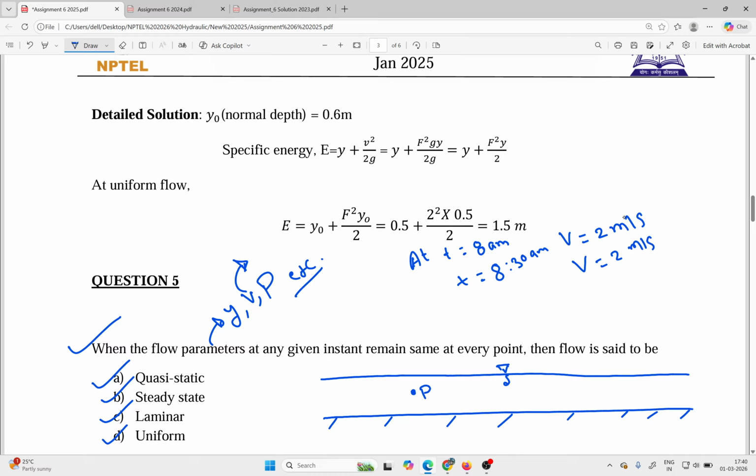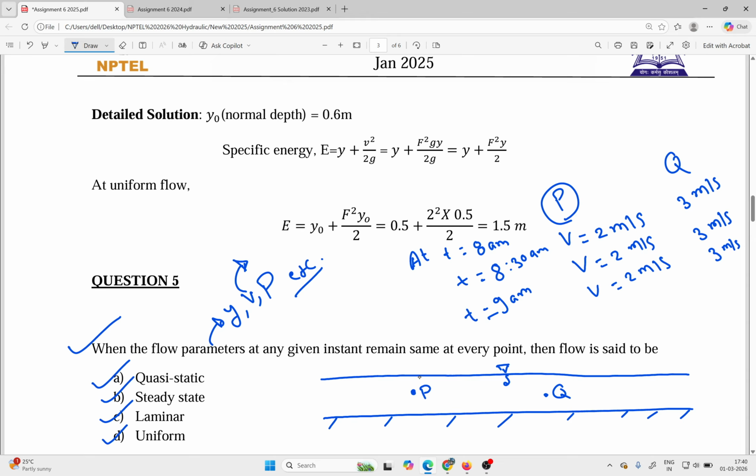I am only looking at this particular point P. Maybe at point Q, the velocity at 8 am was 3 meters per second. This will not happen in practice, but just for your understanding, I am trying to explain the exact meaning. With respect to time at a particular point, at t equal to 9 am, again your velocity is 2 meters per second, and here it is 3 meters per second. So this is the condition of steady flow.